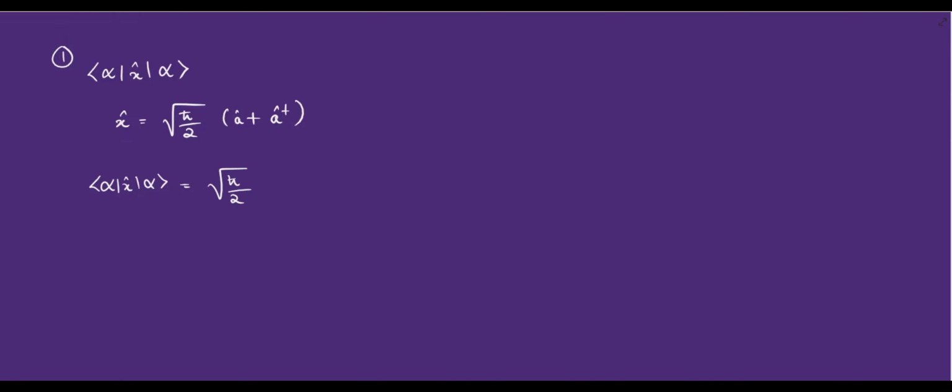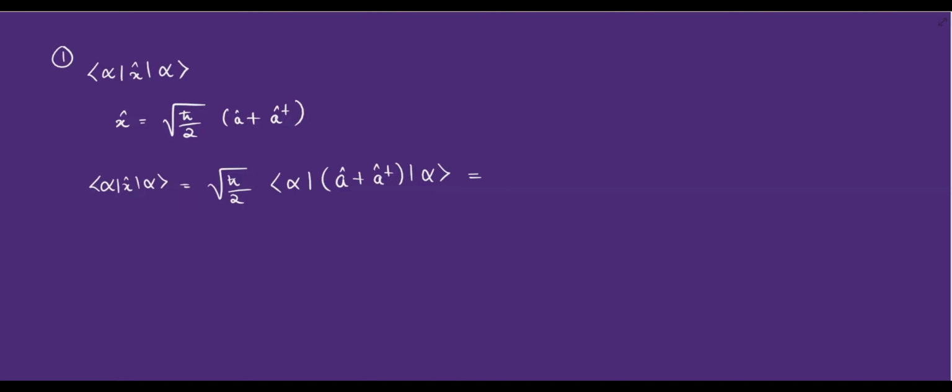Let us first calculate the expectation value of the position operator for the coherent state. Mathematically, it is expressed as ⟨α|x̂|α⟩. So let us calculate it. Now x̂ is given by √(ħ/2) (â + â†). So ⟨α|x̂|α⟩ is equal to √(ħ/2) ⟨α|(â + â†)|α⟩.